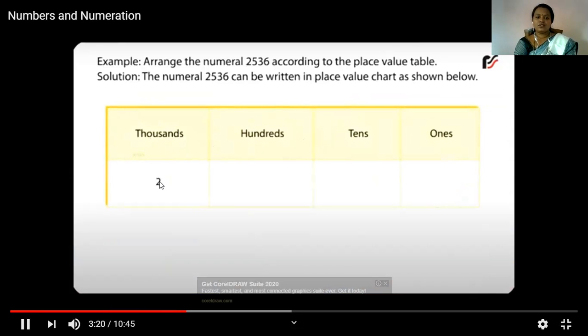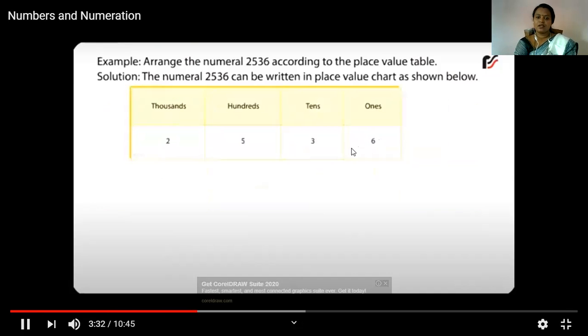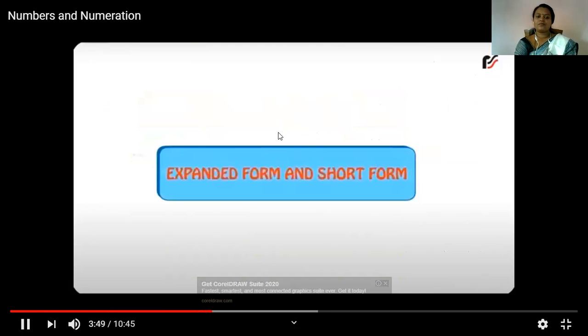We are going to write 2 in the thousands place, hundreds place as 5, tens column we are going to write as 3, and 6 in the ones column. Here the place value of 6 is 6, the place value of 3 is 30, the place value of 5 is 500, the place value of 2 is 2000.